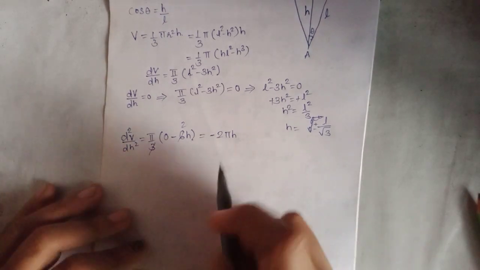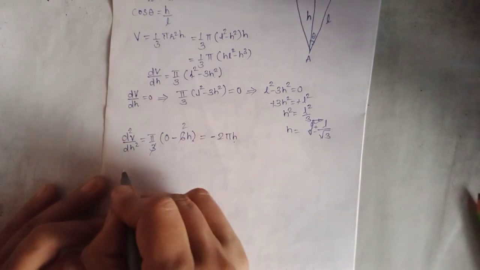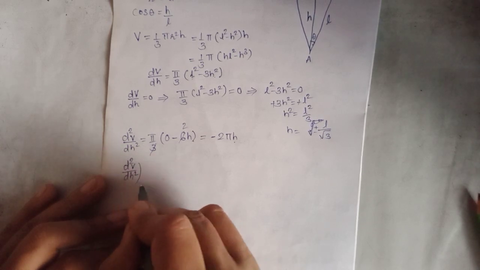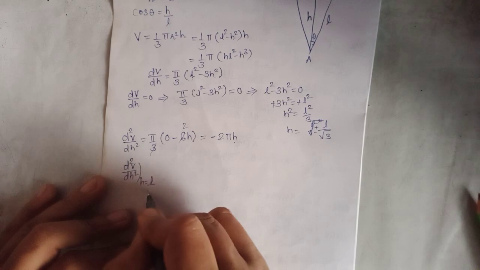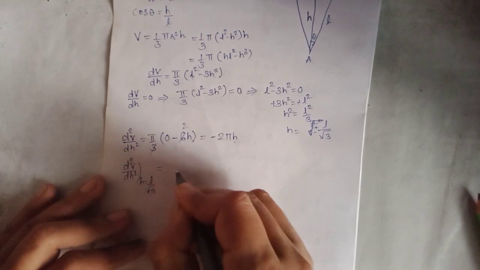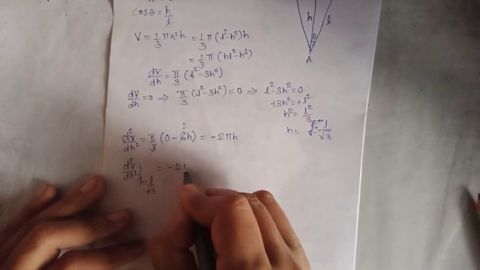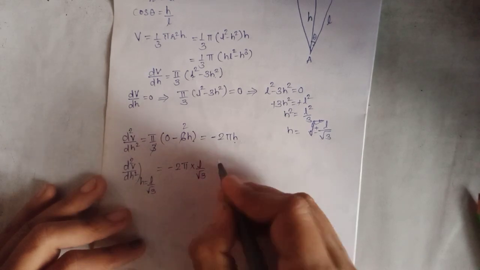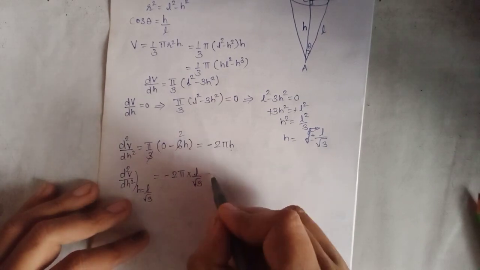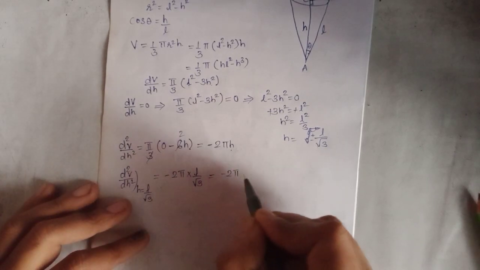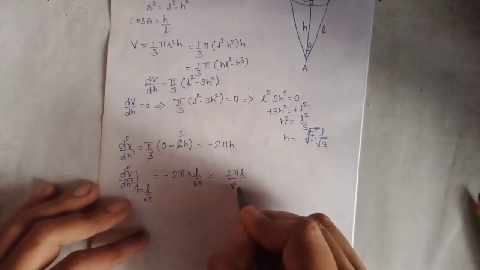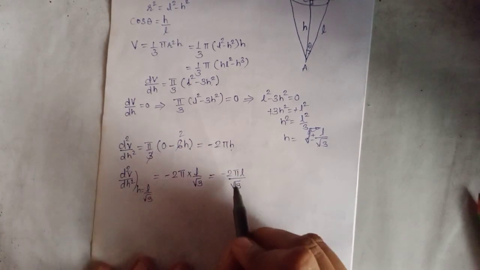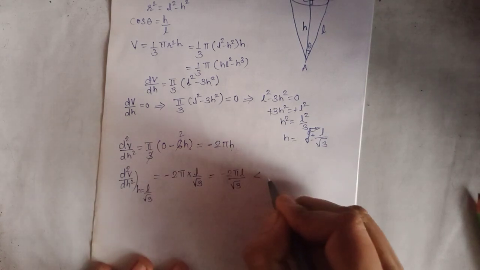Okay, now putting the value of h as L upon root 3, this value comes less than 0.